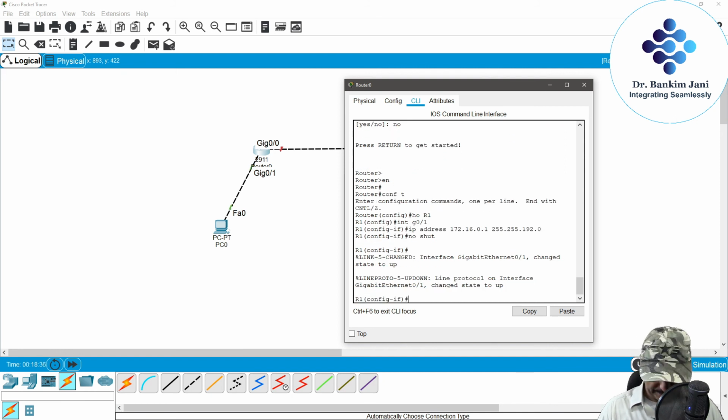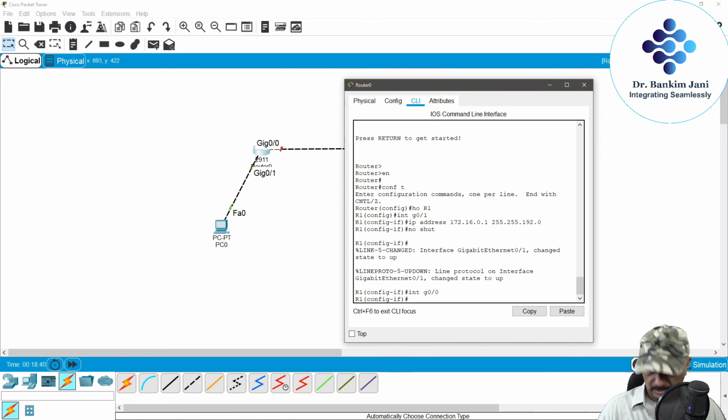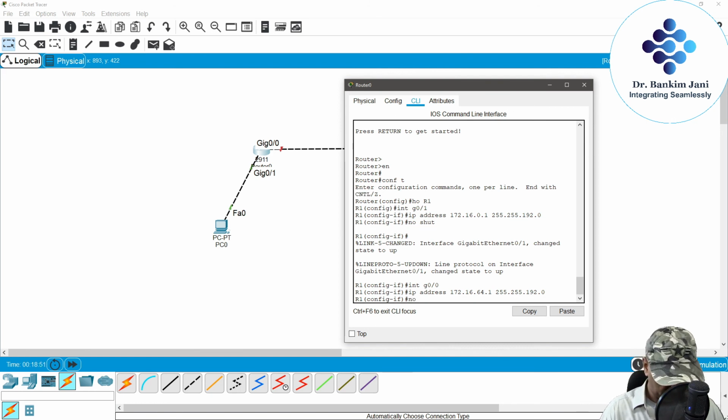And then we give interface gig 0/0, and we give the IP address 172.16.64.1 because this is the second subnet, and we also give it no shut.